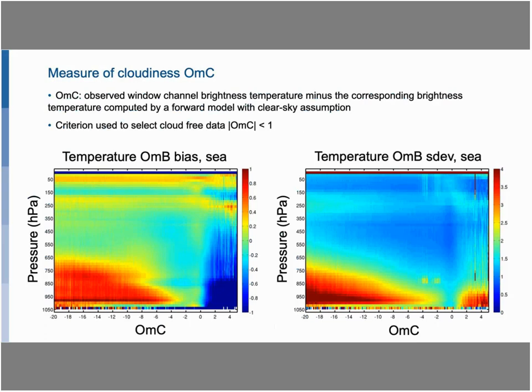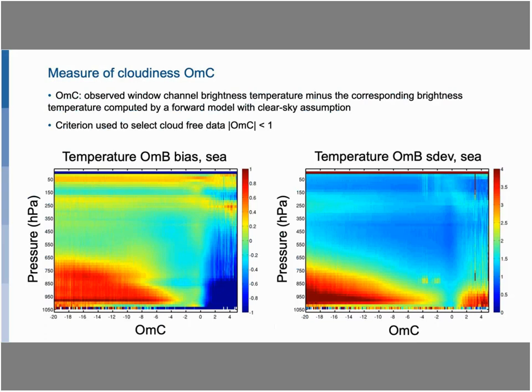And the figures in this slide show the first example of the O minus B statistics. On the left-hand side is temperature bias, so the systematic errors, and on the right-hand side temperature standard deviation, which is a measure for the random errors in the retrievals compared to the model background.